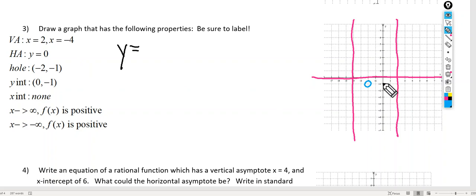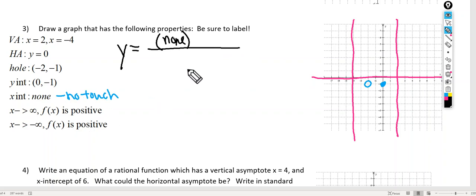We have a y-intercept here. Okay, no touch the x-axis. Okay, let's place our factors. None, right?